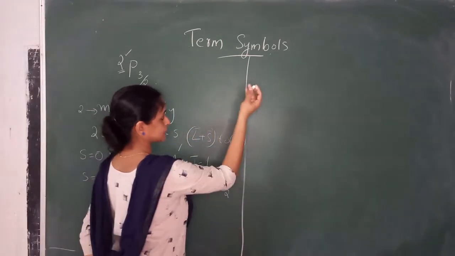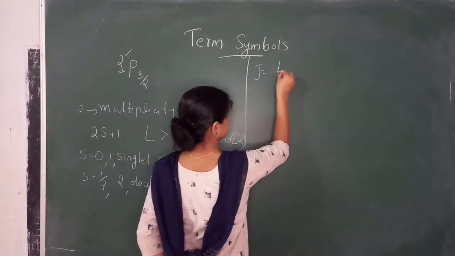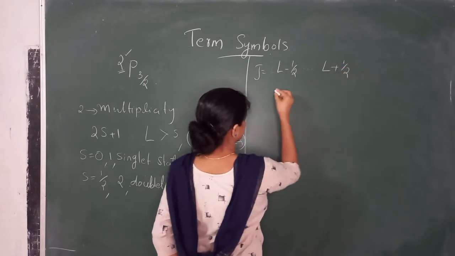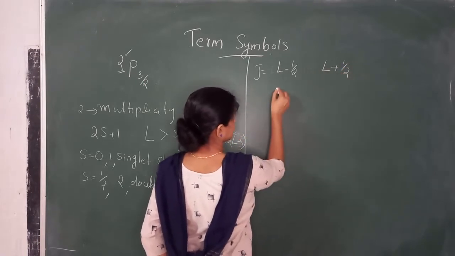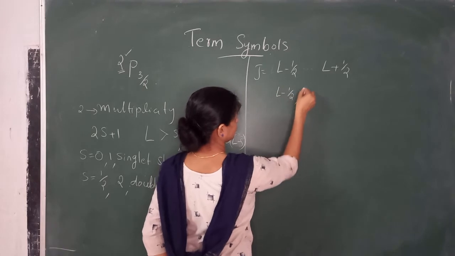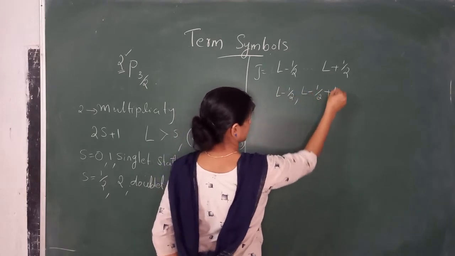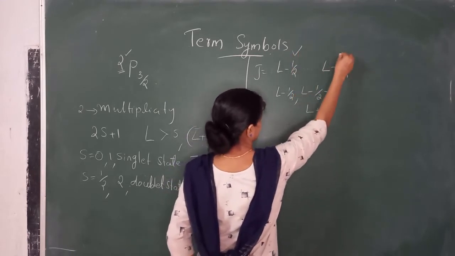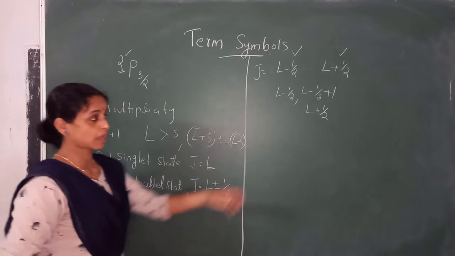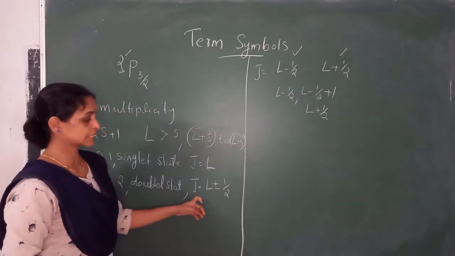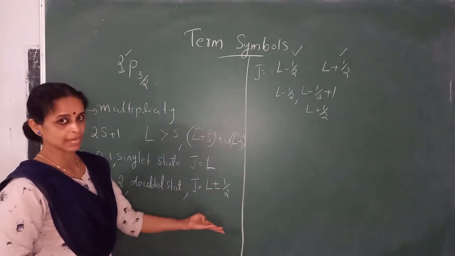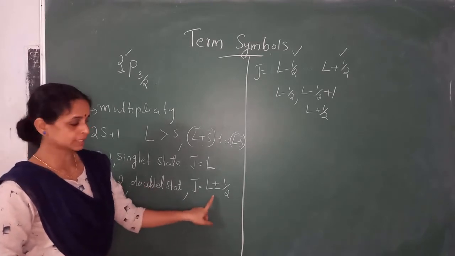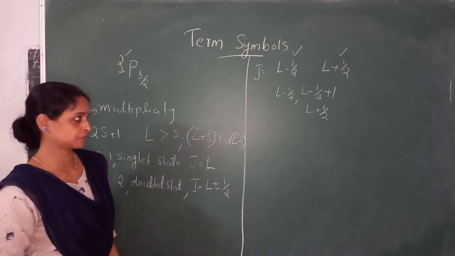How are we getting the values? j is equal to L minus half, then the next one will be L minus half plus 1, which itself will be L plus half. So only two values, L minus half and L plus half, that is, j will take values L plus or minus half. This is the doublet state. There are two values for j, that is L plus half and L minus half.